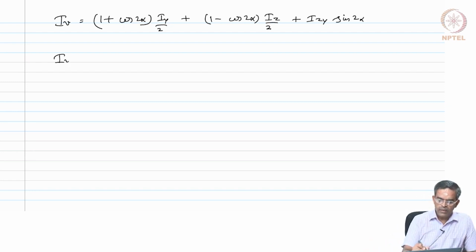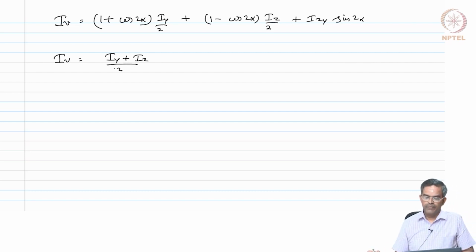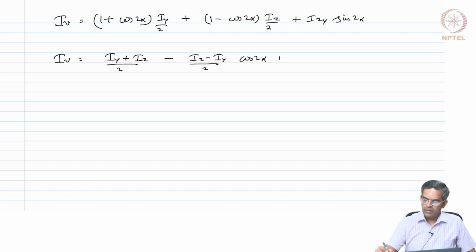Now IV can become Iy plus Iz by 2 minus Iz minus Iy by 2 of cos 2 alpha plus Izy of sin 2 alpha.